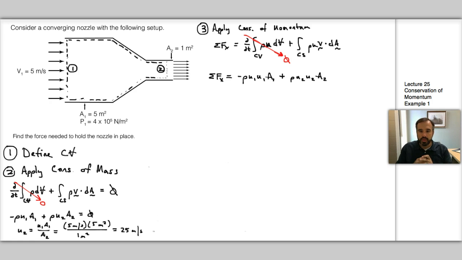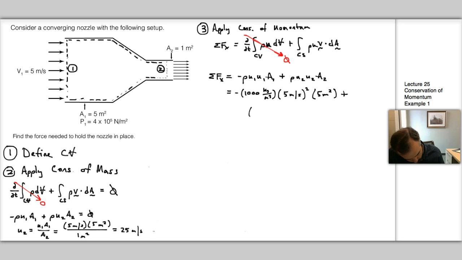Okay? And we know all those numbers, so we can plug in. We're going to get equal to negative the density of water, 1,000 kilograms per meter cubed, times 5 meters per second squared, because there's 2 of them, times 5 meters squared, plus 1,000 kilograms per meter cubed times 25 meters per second squared, since there's 2 u2's in our term, times 1 meter squared.